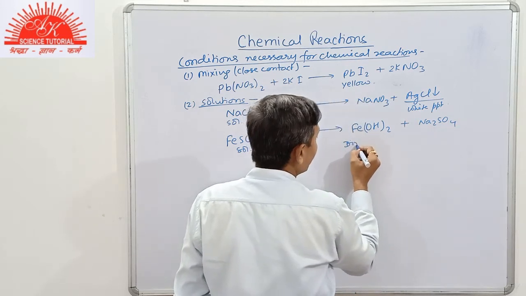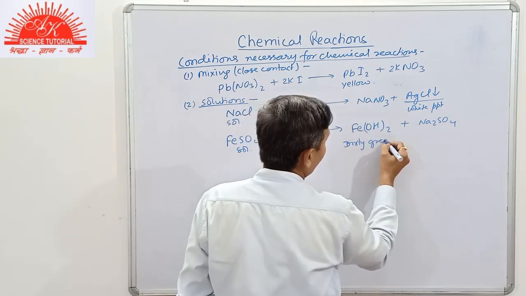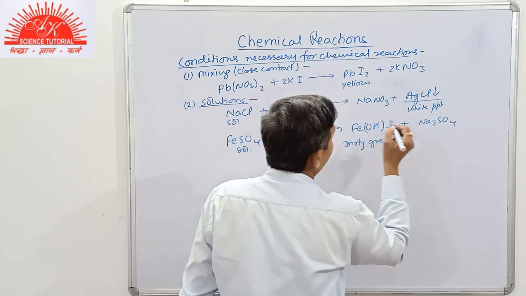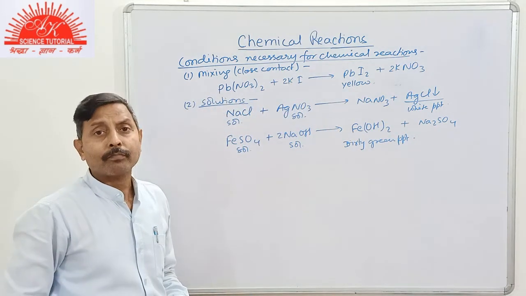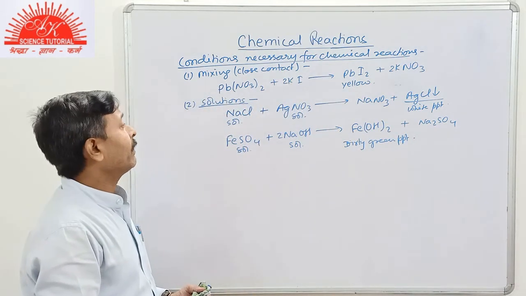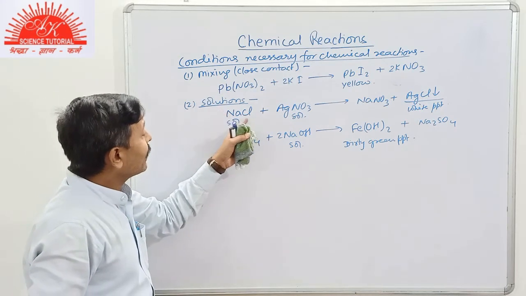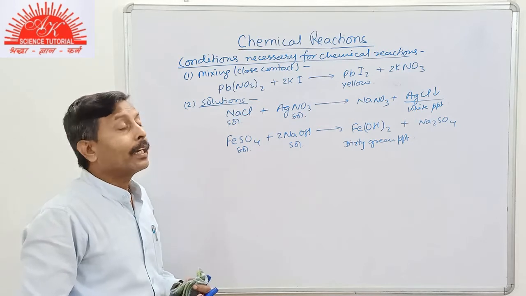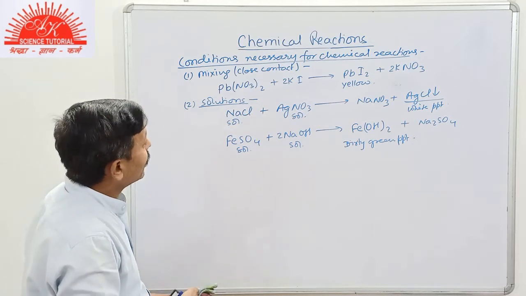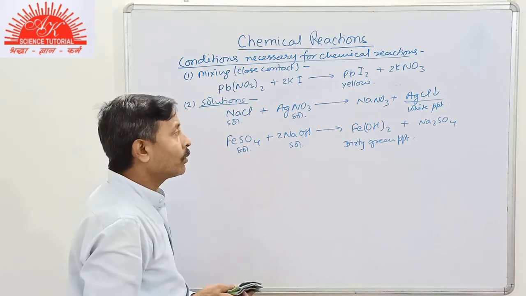Here a dirty green precipitate is formed. So in this reaction we see that the reactants are taken in solution state in order for the reaction to take place. Clear, student?